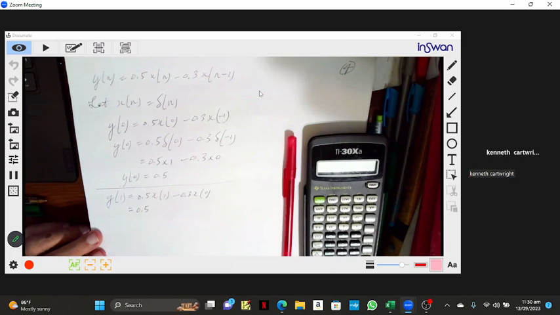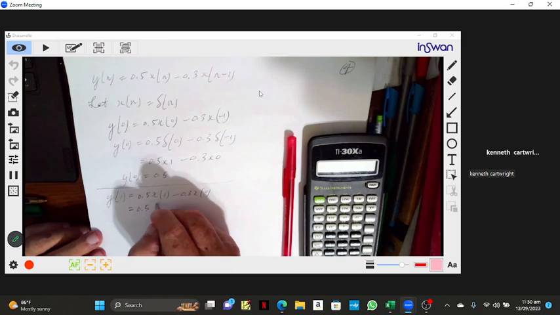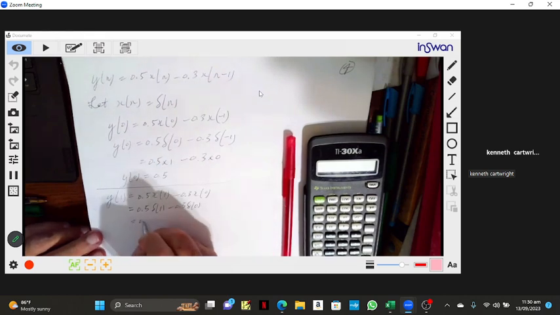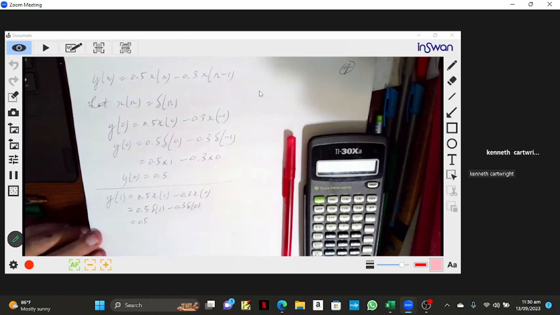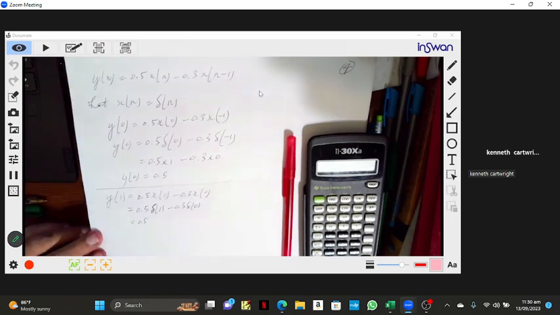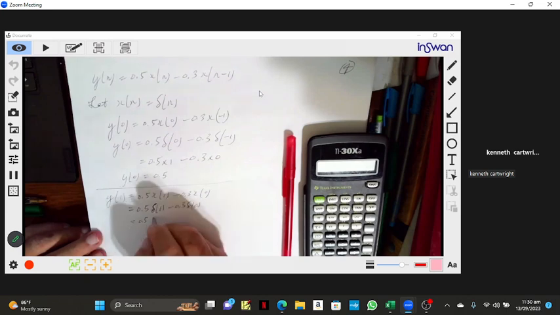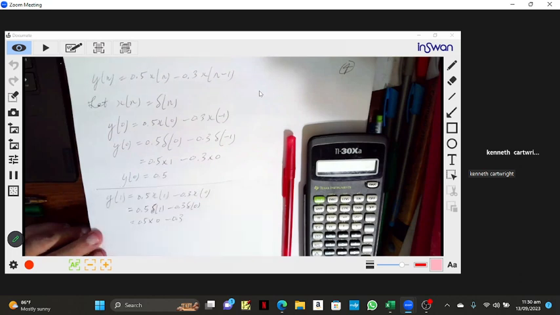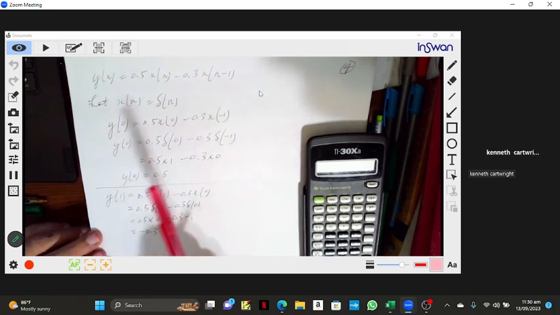Delta of 1 minus 0.3 delta of 0. What's delta of 1? 0. And what's delta of 0? 1. So this is negative 0.3. Any questions about that?